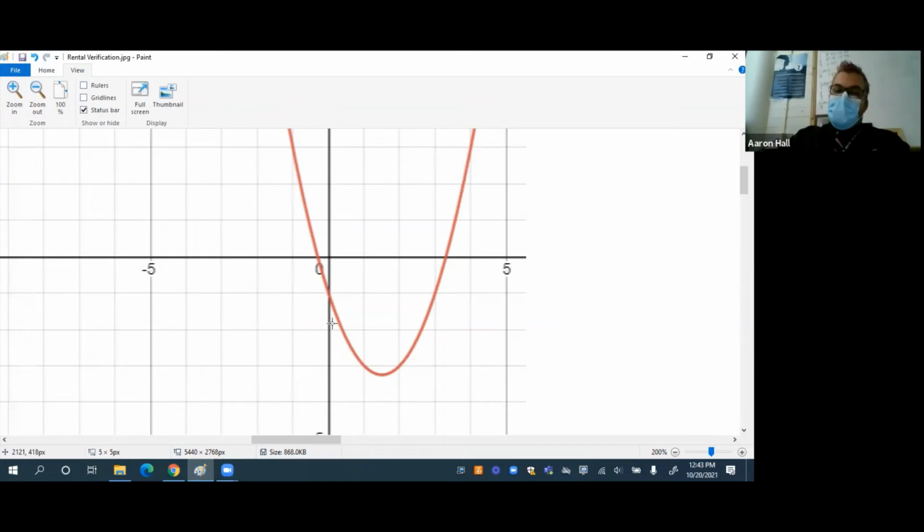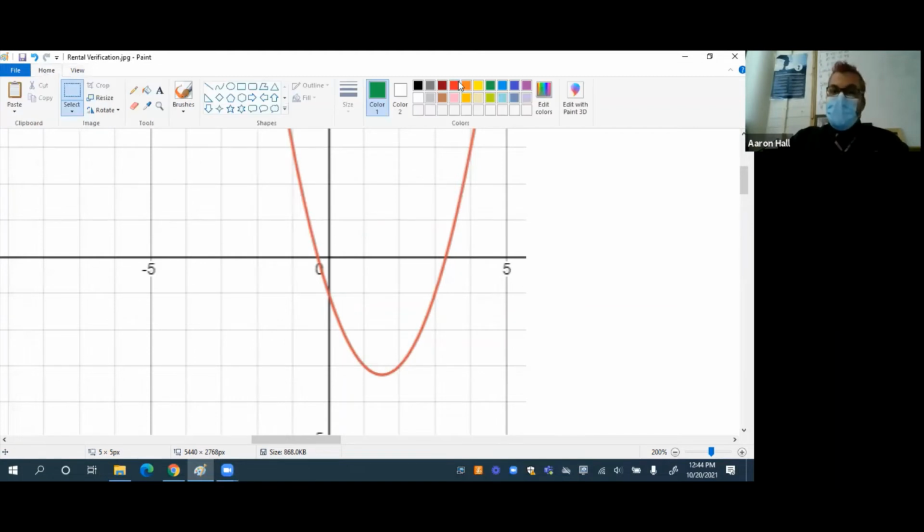Now, if this is my equation, and I want to find the graph of the derivative function, well, where would I start? One good place to start is when we have a slope of 0. Where do we have a slope of 0 approximately? Yeah, that minimum.